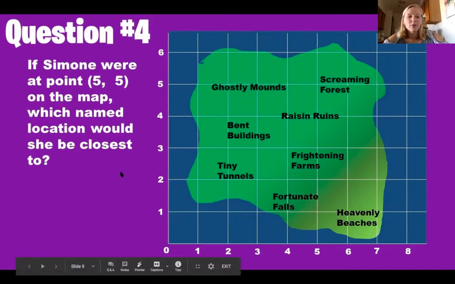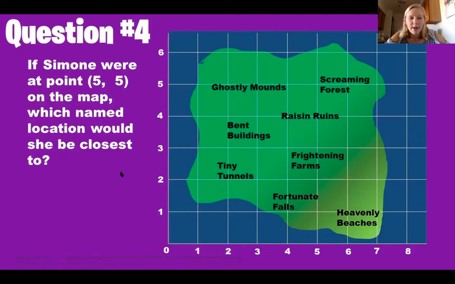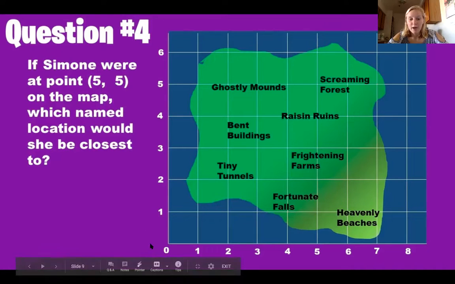Okay, if Simone were at the point 5, 5 on the map, which named location would she be closest to? Okay, so 5, 5, that means we have to go 5 on the x-axis first, so 5 spots right and 5 spots up, which is east and north.